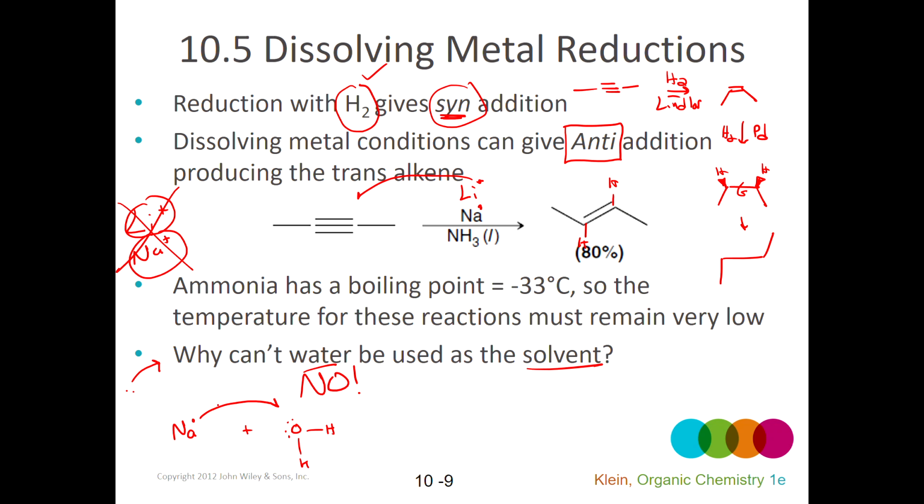So if this electron comes over here to the oxygen, this OH bond would have to break. 1 electron would stay with the oxygen, and the other electron would go on the hydrogen. And so that would allow the sodium to lose that electron. It would now be without it, which is good because that completes its noble gas configuration.